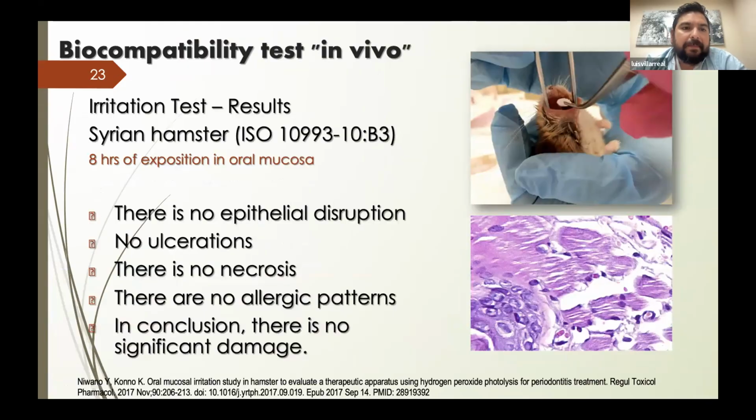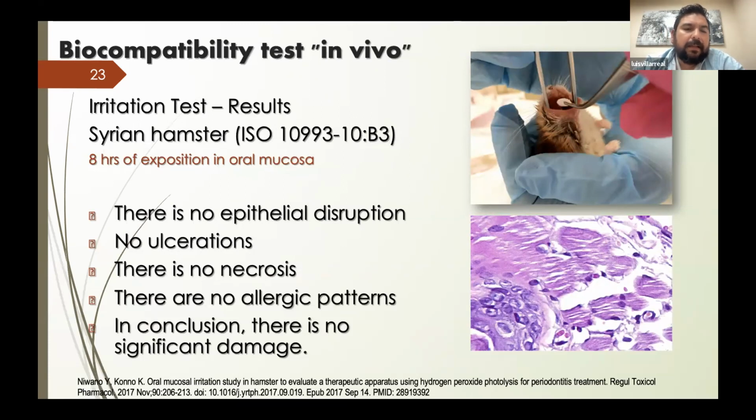We also perform in vivo testing in Syrian hamsters, where we want to evaluate only the irritation test that we saw in the ISO that I showed you before. We put the samples for 8 hours of exposure in the oral mucosa of the hamsters. Of course, we use veterinarians and physicians as collaborators in this kind of experiment.